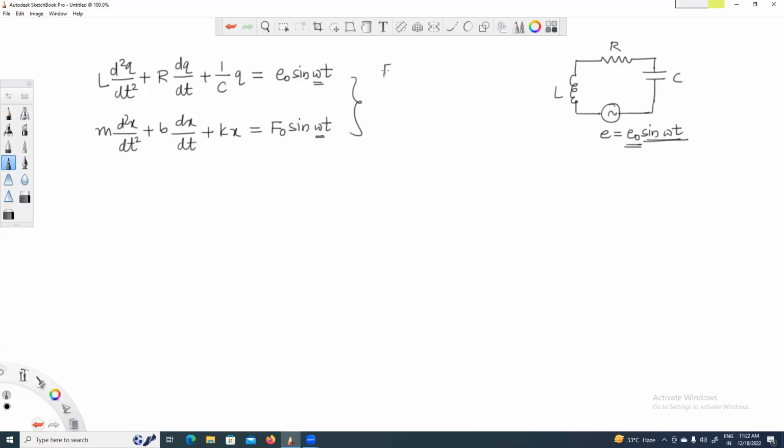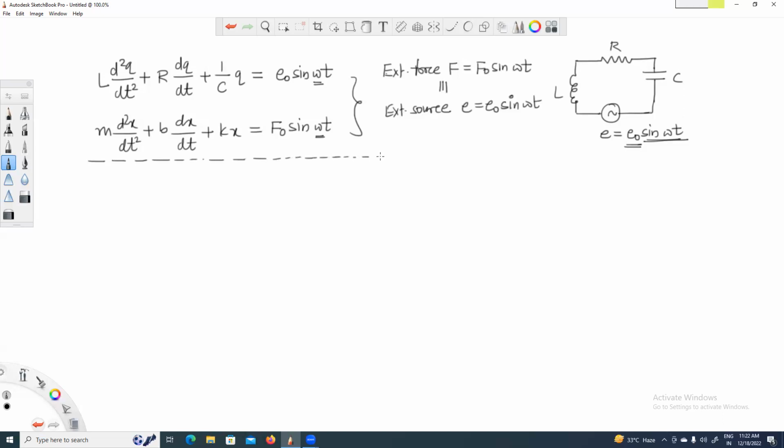Here, our external force F equals F naught sine omega t is analogous to the external source EMF, which is E equals E naught sine omega t. And now, as these differential equations look exactly similar, the solution has to be exactly similar.